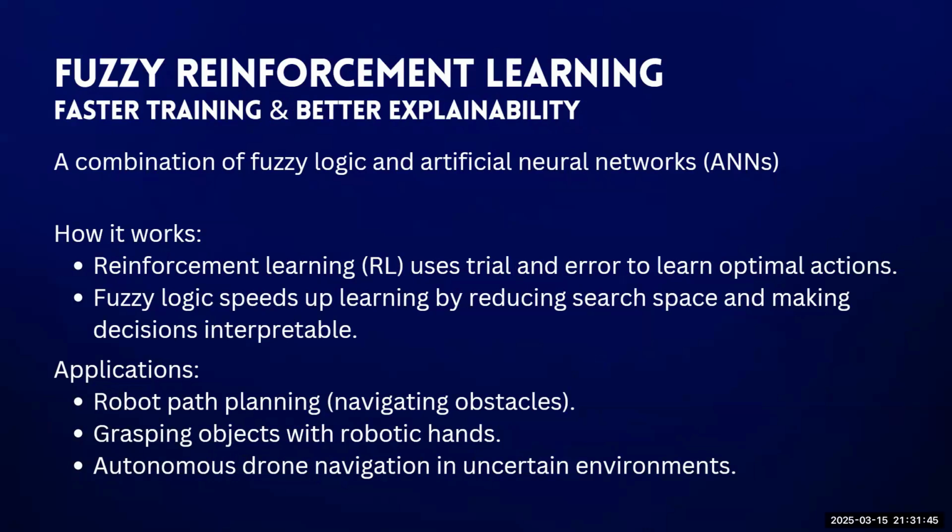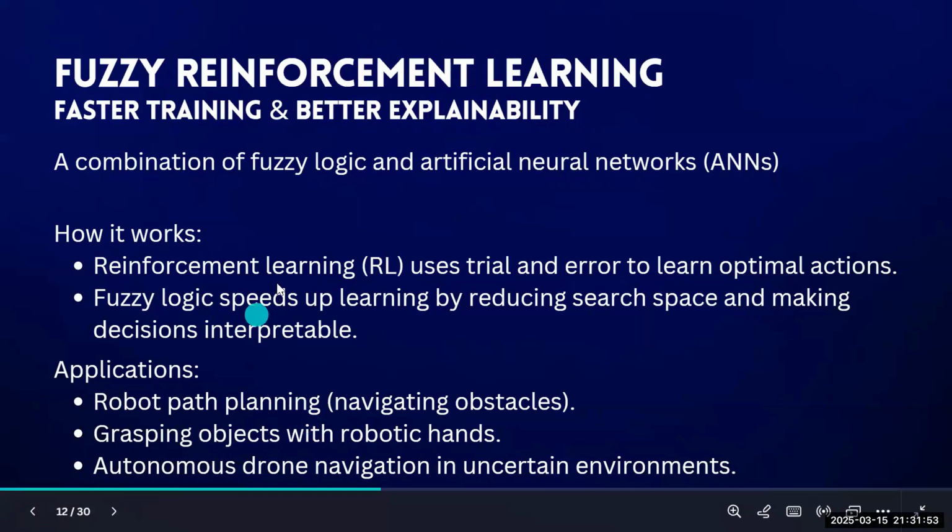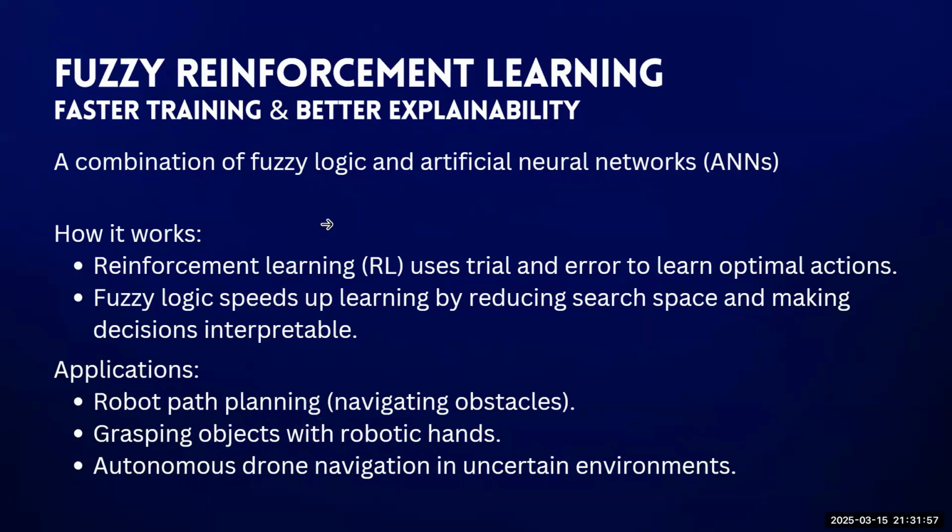And in fuzzy reinforcement learning, reinforcement learning is a very powerful technique that we can use to train robots. But you also know that it requires a lot of training, and it lacks explainability. In the end, we don't know how it learns. So by integrating fuzzy logic, we can guide the learning process and make it a bit more efficient.